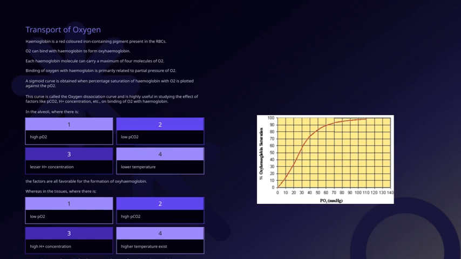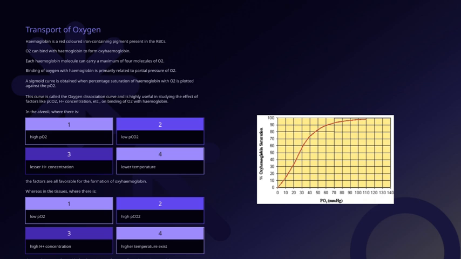Let's talk about oxygen transport and how hemoglobin interacts with oxygen in different conditions. Every 100 milliliters of oxygenated blood can deliver around 5 milliliters of O2 to the tissues under normal physiological conditions. Now, the binding of oxygen to hemoglobin is influenced by several factors.